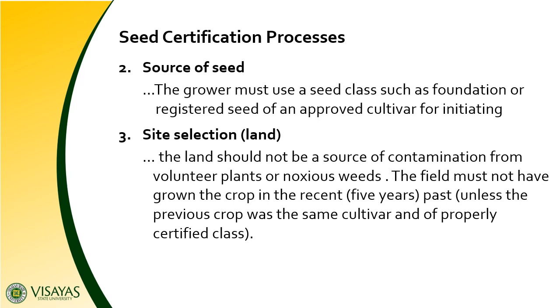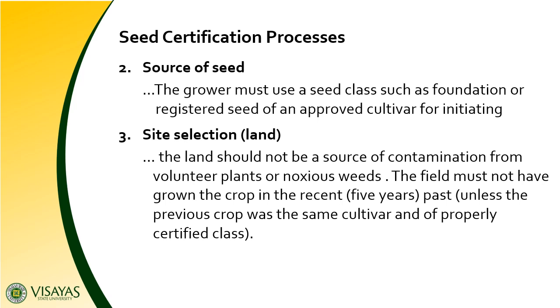And also, the field must not have been grown with the crop in the recent 5 years, unless the previous crop was of the same cultivar and properly certified class. So the land must not have noxious weeds and volunteer plants, and must not have been grown with any crop for at least 5 years.